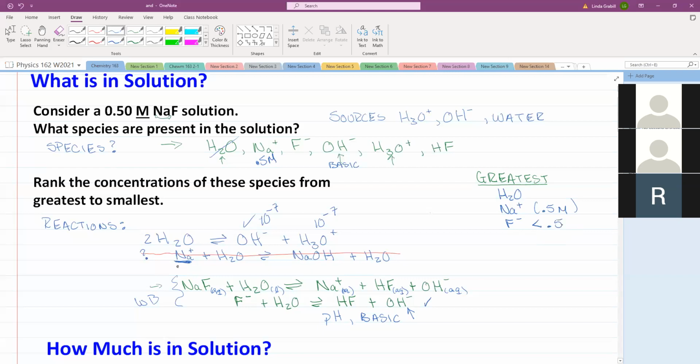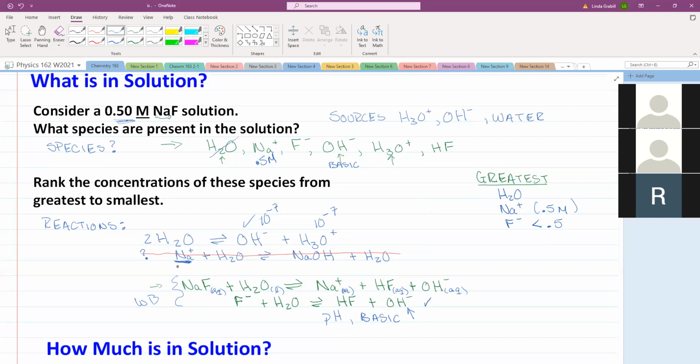But that still is going to be greater than the amount of hydroxide or hydronium because I'm starting off with this 0.5 molar. So I'm going to take some of that away and think about some of these Ka and Kb calculations you've done where we start with like 0.5 and we ask, can we ignore that minus X?